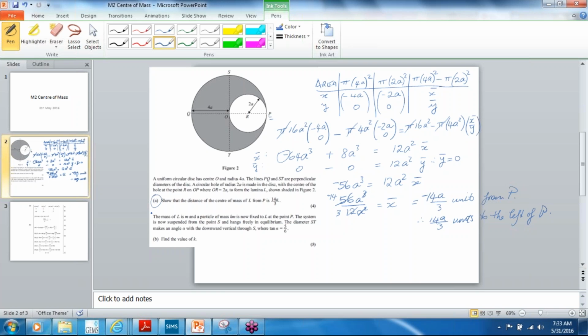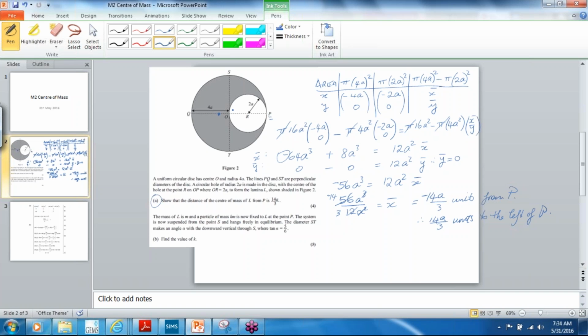Well, our second task is, the question says this, the mass of L is m. So there's a centre of mass here. Let's put the centre of mass in that position.